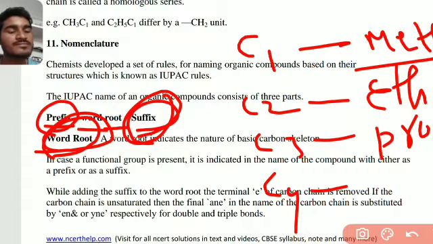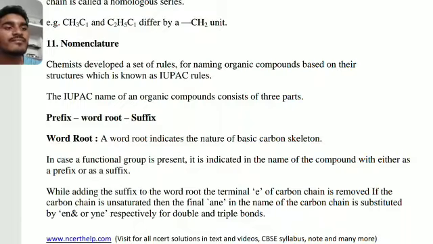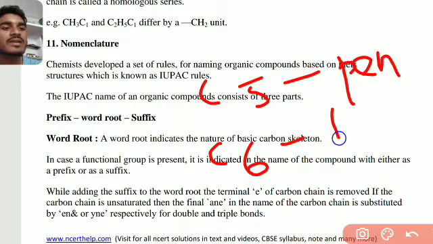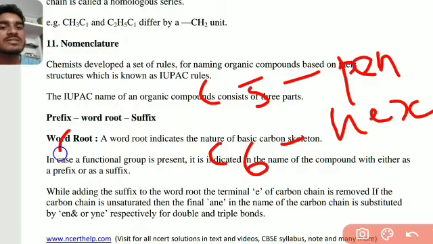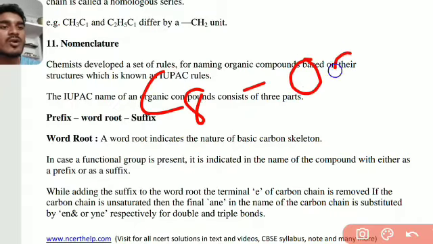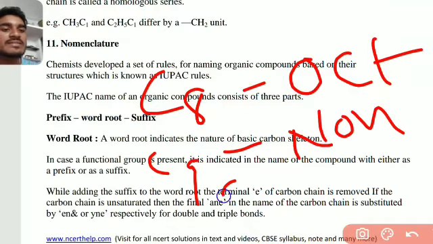Okay, and if it is C4, you call but. If it is C5, pent. And if it is C6, hex. Okay, C7, hept. And if it is C8, oct. C9, non. And finally C10, dec.